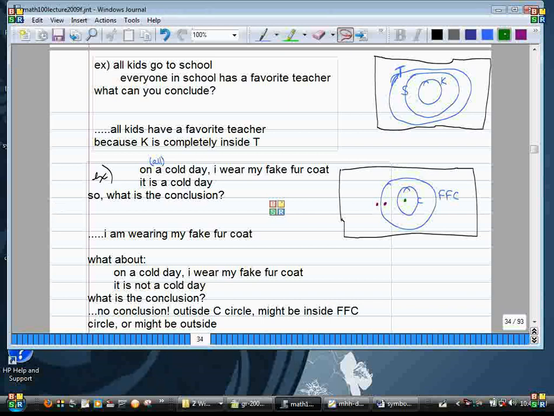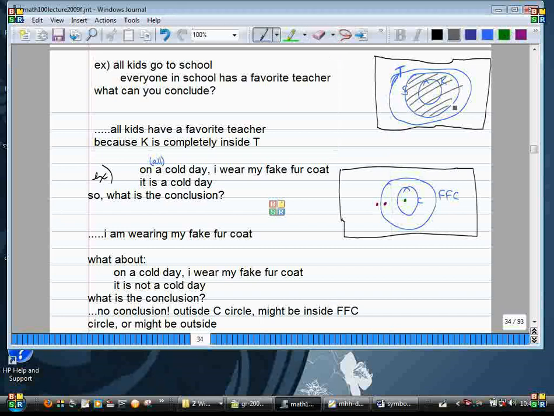So another way to think of this is, looking at the S circle, it says everyone in school. So let's shade it in so we see what we mean. Everyone in school is there. Right?